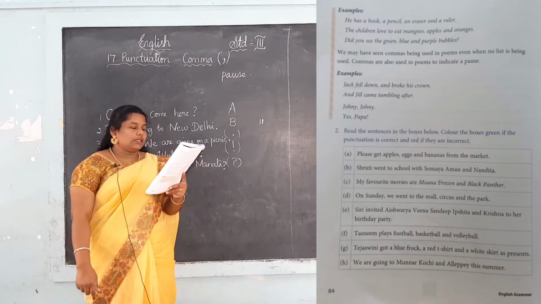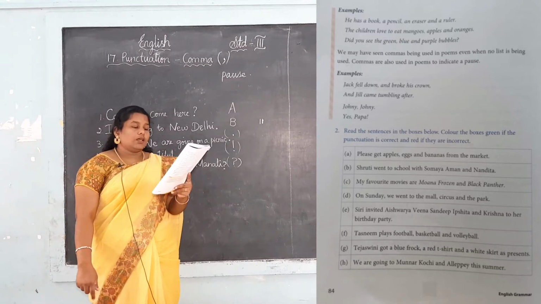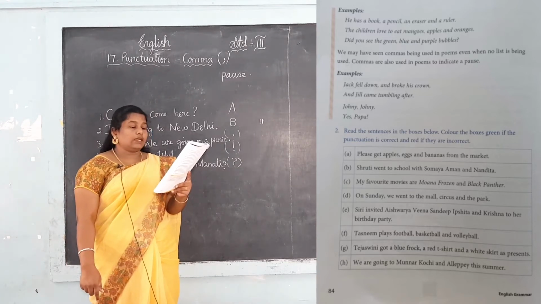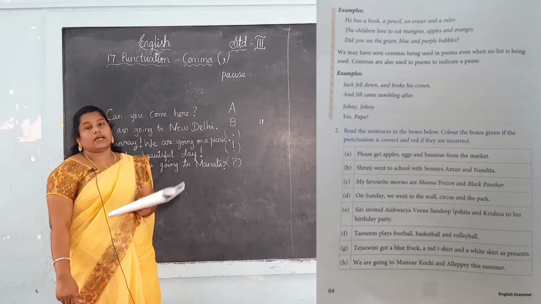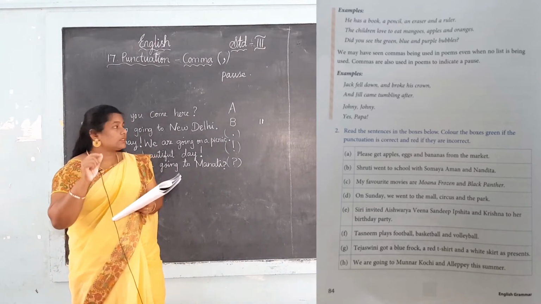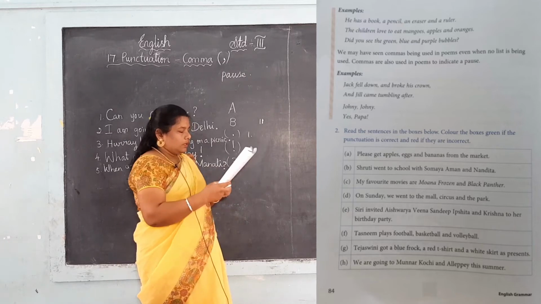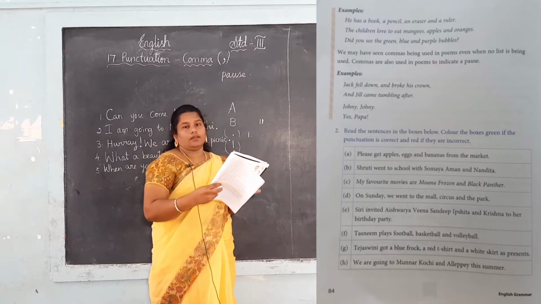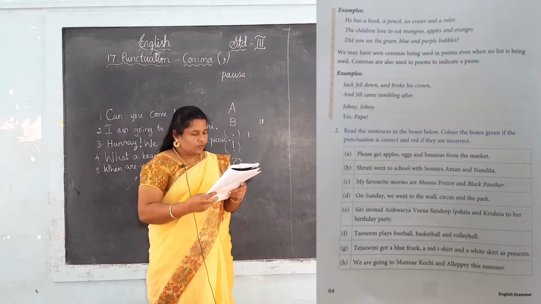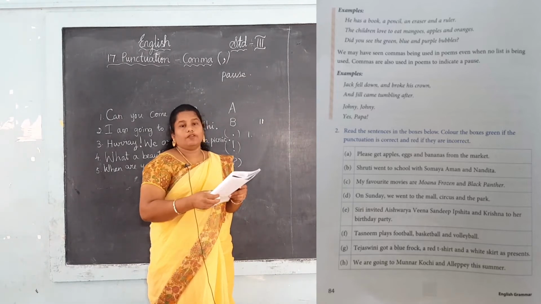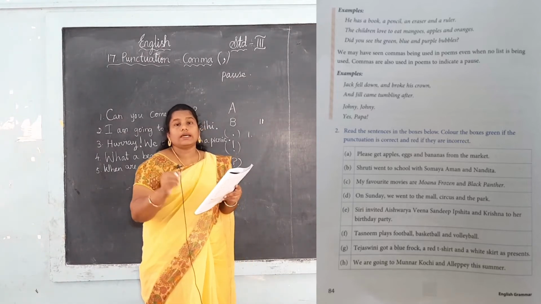Second Roman letter. Read the sentences in the boxes. Color the boxes green if the punctuation is correct. If the punctuation is correct, what color do you want to use? Yes, color the box with green. Correct means green color. Then red if they are incorrect. If incorrect, use red color.